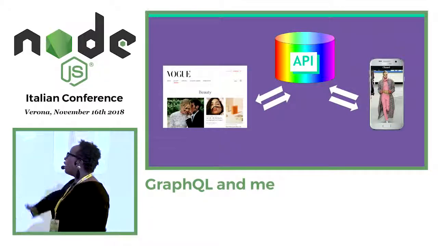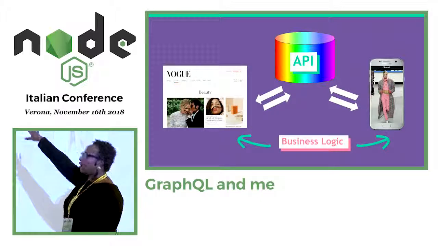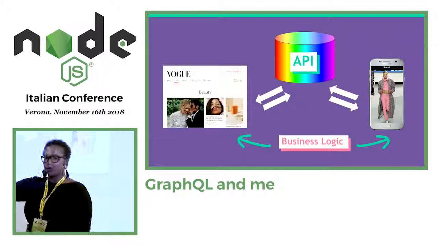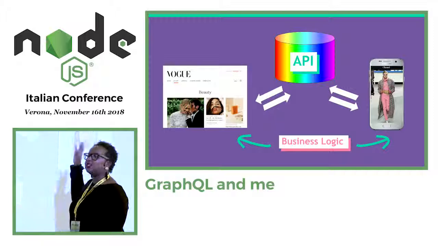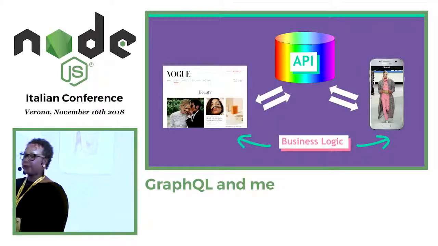So here, if both of these applications, the web app and the mobile app, needed to make requests to the API, the business logic would exist in both of these scenarios, right? The mobile app would have to make the request and then stitch up the data that it needs, and similar scenario for the web app.